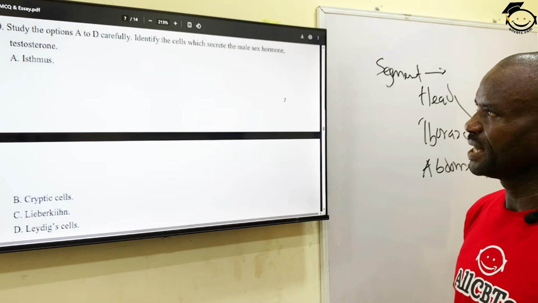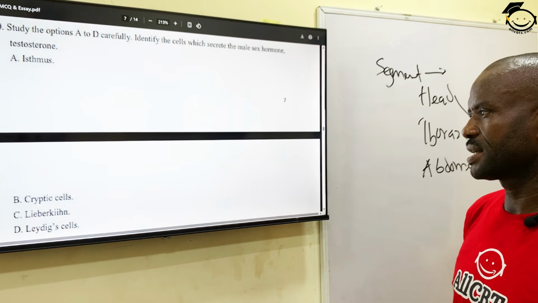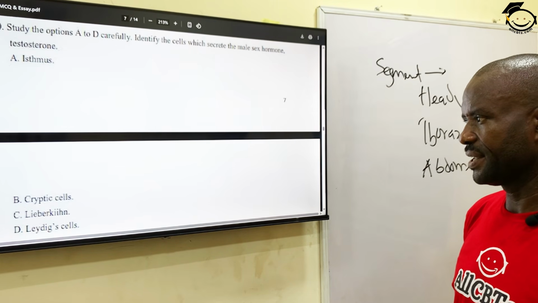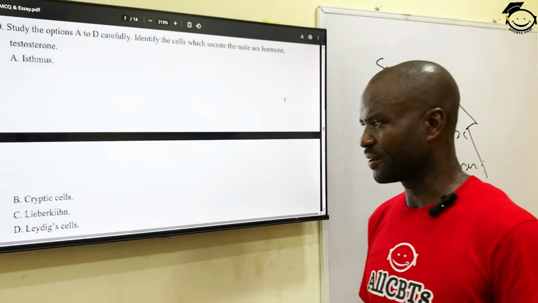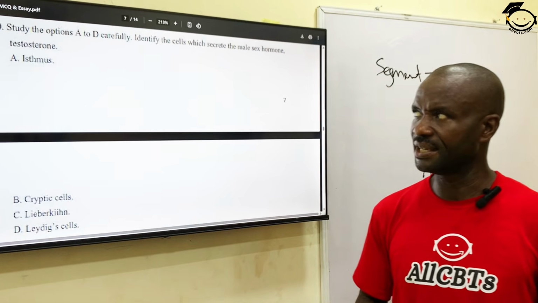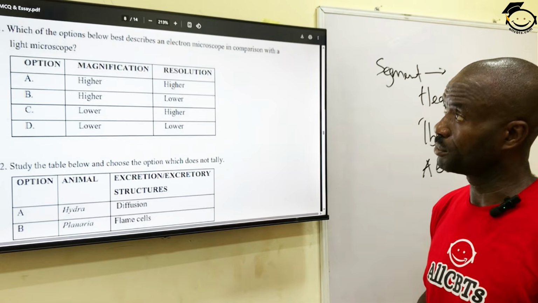A, isthmus. B, cryptic cell. C, Leberkinin. D, Leydig cells. The correct answer is Leydig cells. That is where the male sex hormone is produced.